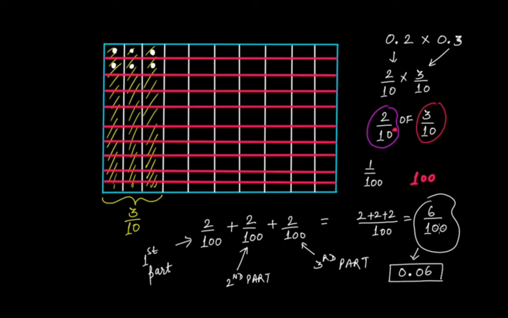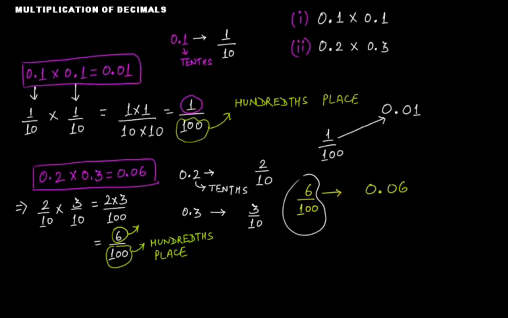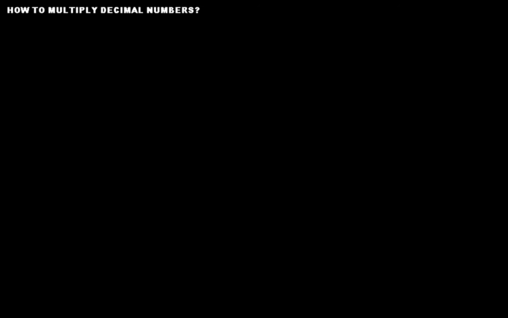Okay, so this was a pictorial representation, this one and this one, for these two individual multiplications. So my point was to explain to you what we mean when we do multiplication of decimals. Okay, how to multiply decimal numbers? Let's learn that.